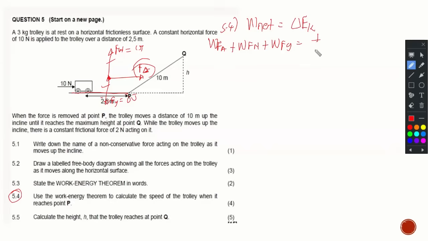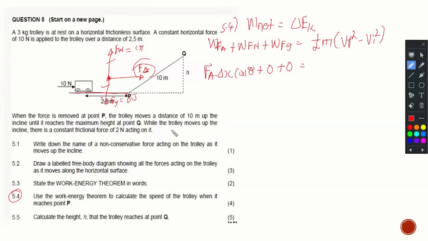So this is going to break down to half m Vf squared minus Vi squared. But then remember, work done by Fa, we can break it down to Fa, delta x, and then cos theta. But what about these ones? These ones will just be 0 and 0 because no work is done by those ones.